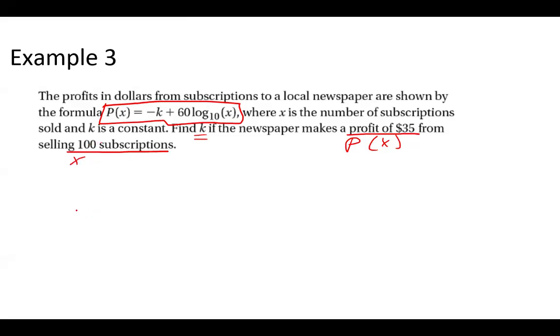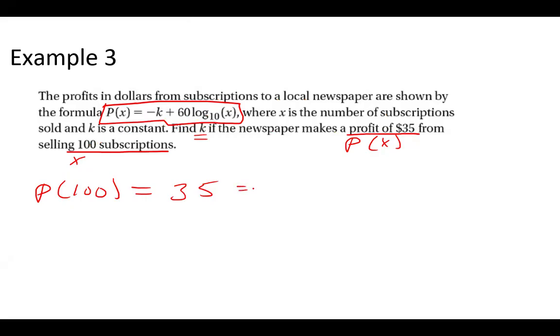Does that make sense? So when you put everything together, we know that P of 100 equals 35. Are you with me? Okay.